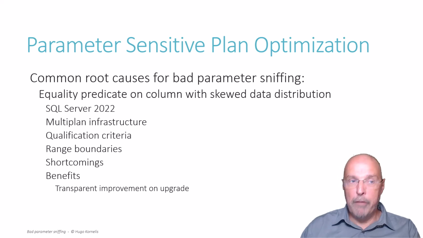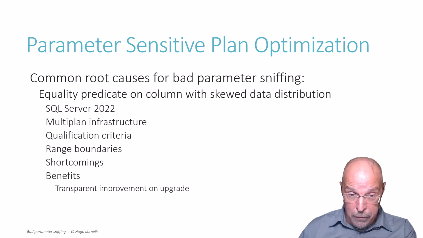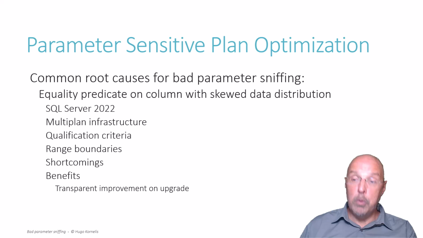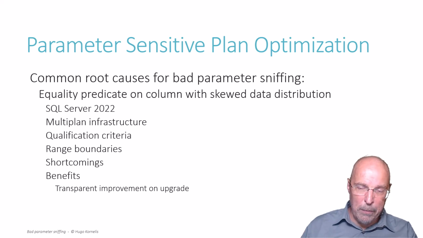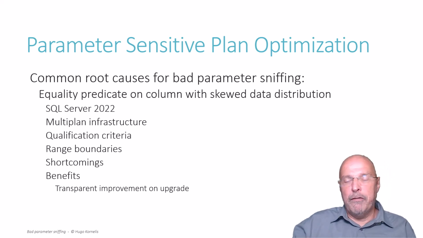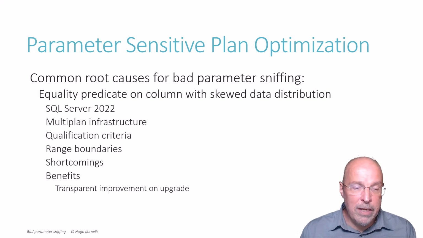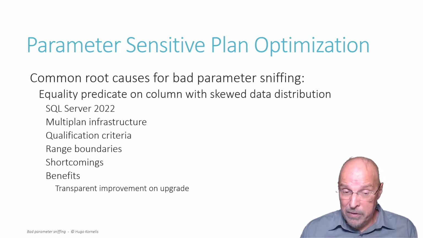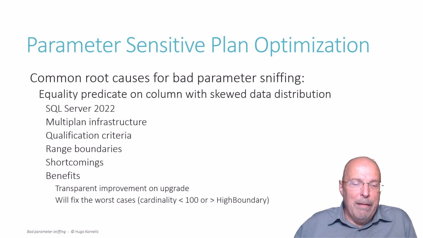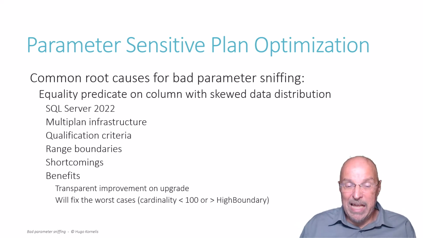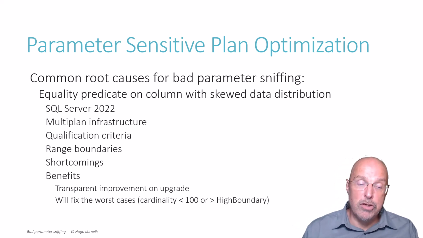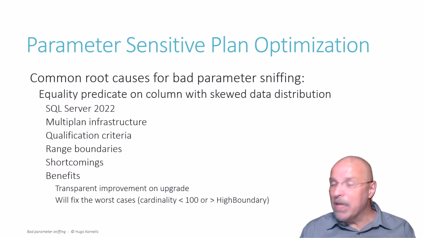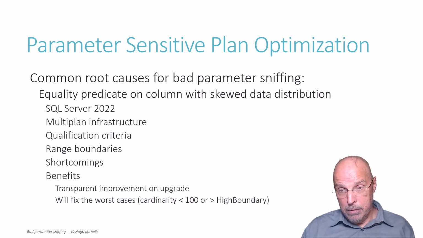For values above 100,000 or whatever the high boundary is, you will get an execution plan that's always optimal for such a high number. So for the very low and the very high range, this is an improvement. It will alleviate some of your problems, somewhat. Like I said, it fixes the worst cases. It doesn't fix everything in between, but at least it's something.